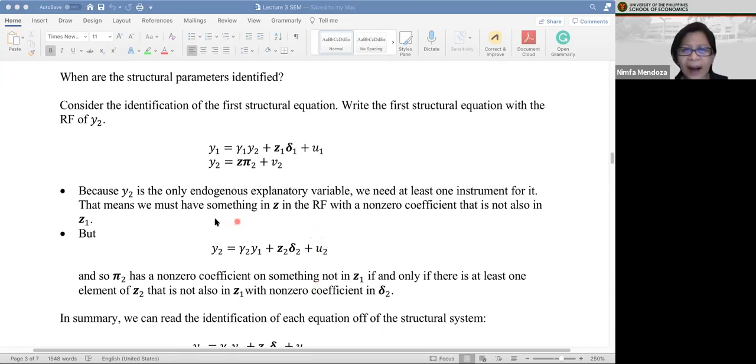Well, that is also what we had in instrumental variables, right? Y sub 2 is endogenous. So we want an instrument for y sub 2 that is correlated with y sub 2.